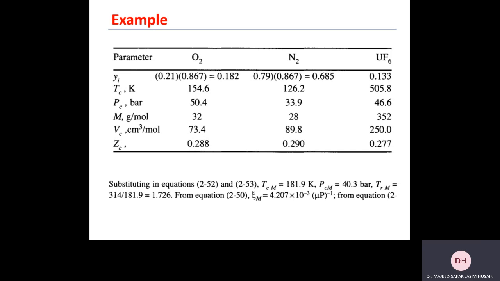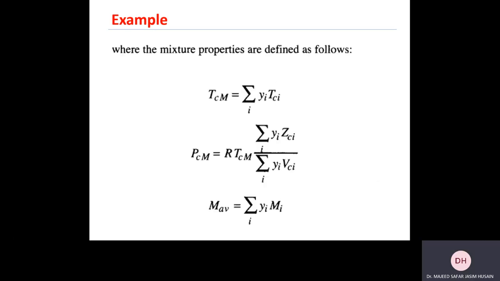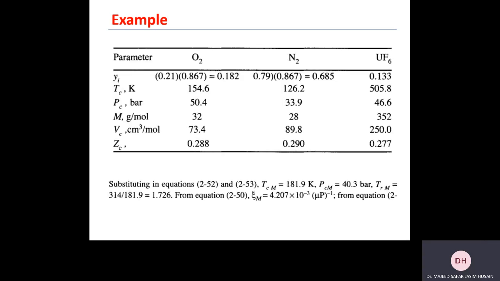So now, if you have all of these parameters, you can substitute and find the values. For example, if you want to find the critical temperature of the mixture, you have to use the first equation, in which you have the mole fraction multiplied by the critical temperature of each component. If you did that for this table, the critical temperature of the mixture is around 181.9 Kelvin.